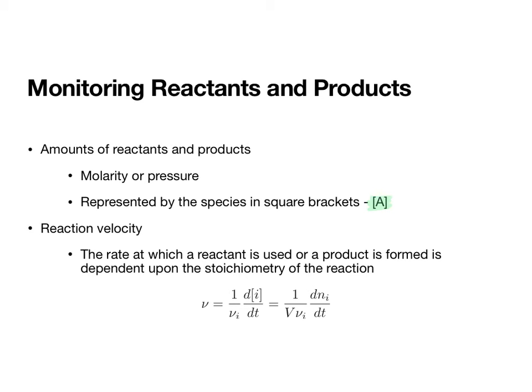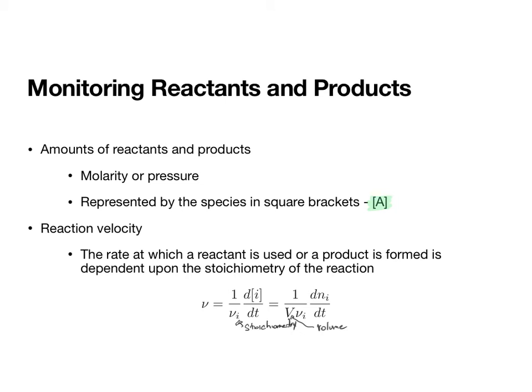And so this reaction velocity, or the rate, is given by 1 over the stoichiometry times the change of the concentration of species i with respect to t. Or if we have this V, this is volume, if we are working in terms of pressures.